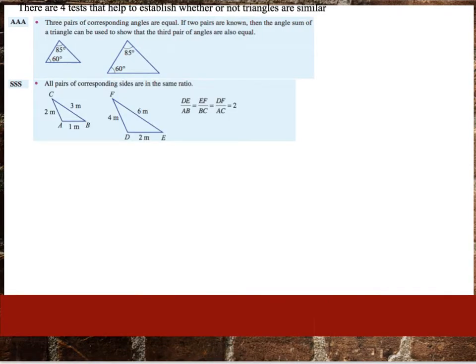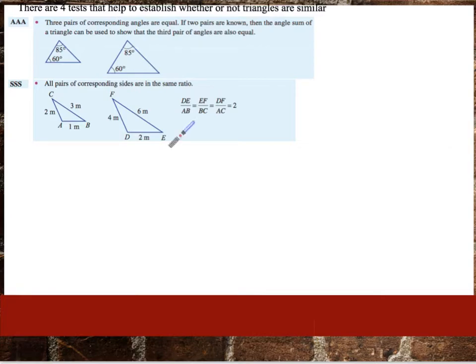The second one is side, side, side. So that is exactly the same as we had. It's not though the same, but the corresponding sides are in the same ratio. So remember, similarity is a ratio. So all 3 sides need to be in the same ratio.